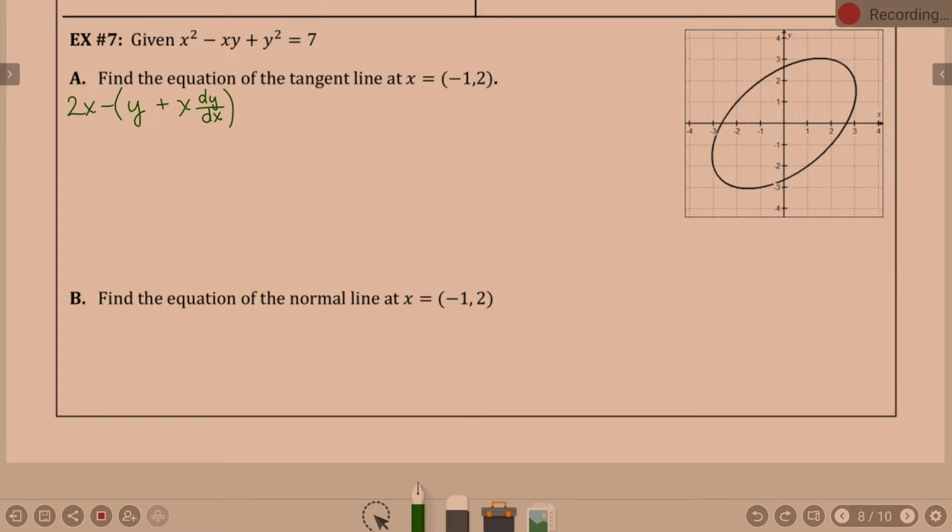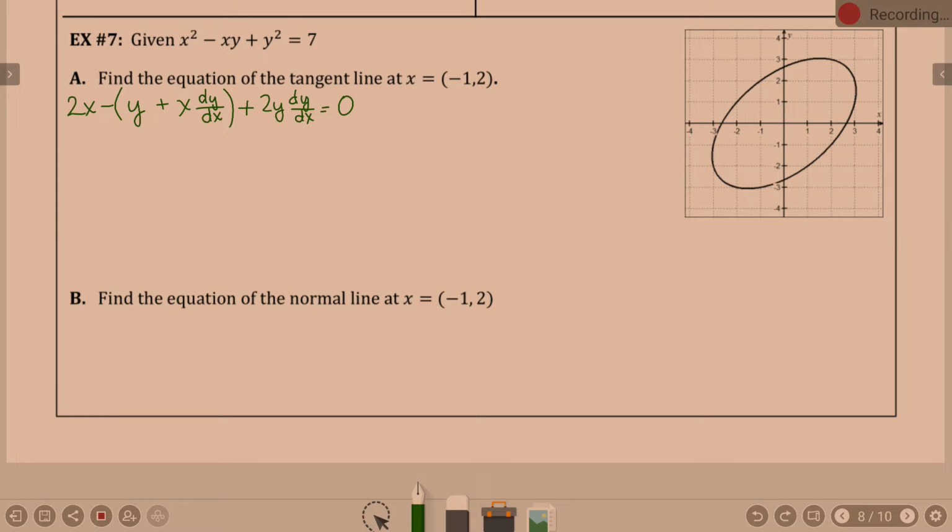Make sense? Plus, what's the derivative of y squared? 2y dy/dx equals 0, because the derivative of 7 is 0.